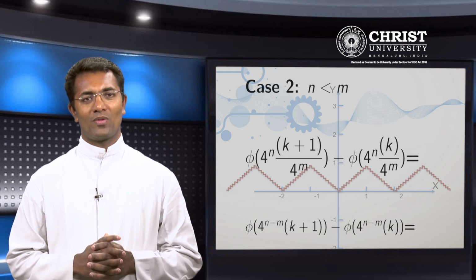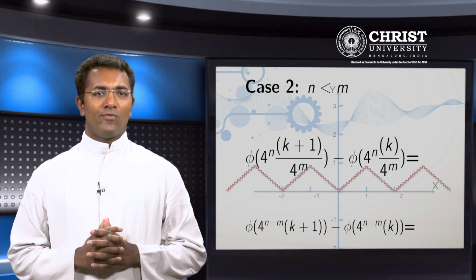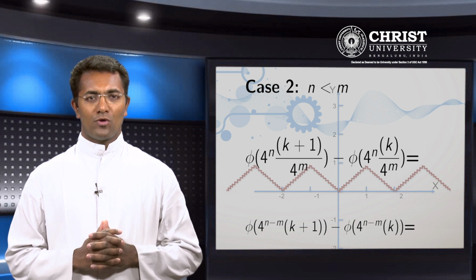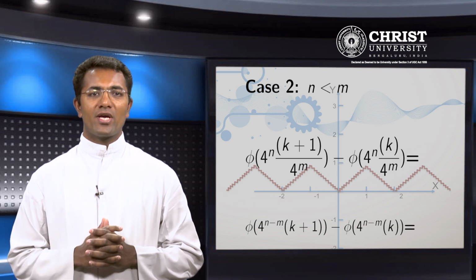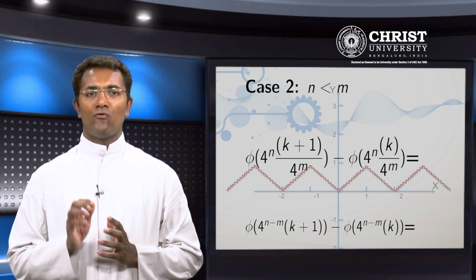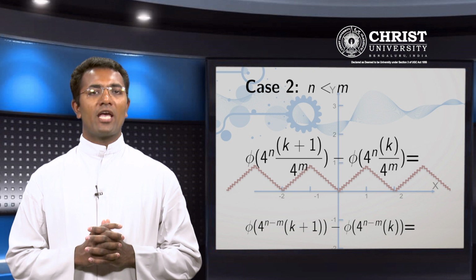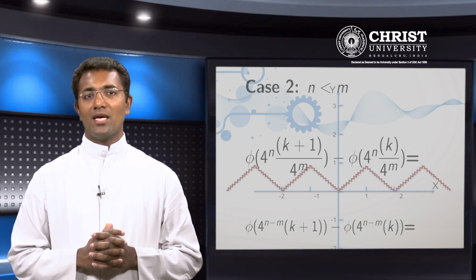Case 2. When n is less than m. Here phi of 4 power n into k plus 1 upon 4 power m minus phi of 4 power n into k upon 4 power m becomes phi of 4 power n minus m into k plus 1 minus phi of 4 power n minus m into k.